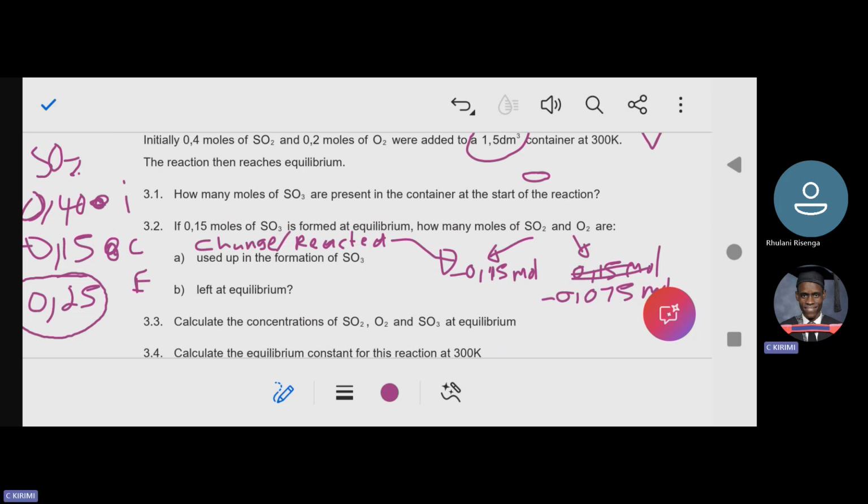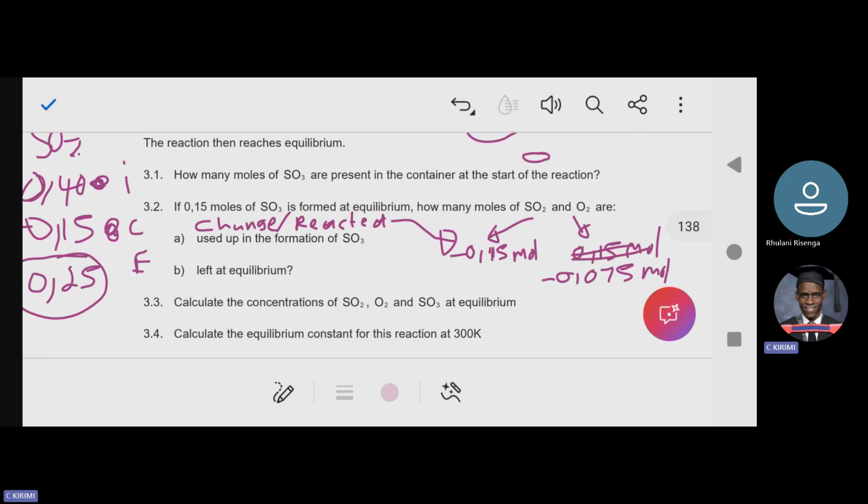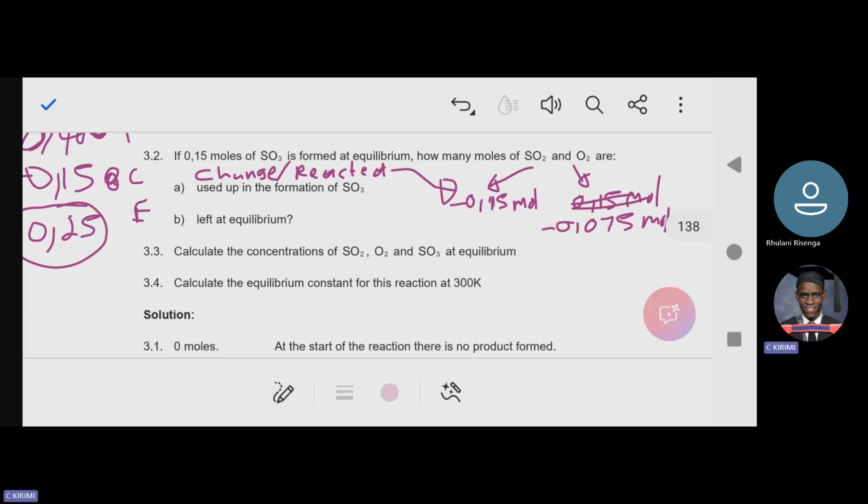So you have your number of moles; find the concentration of each. I want the concentration of sulfur dioxide, sulfur trioxide, and oxygen.